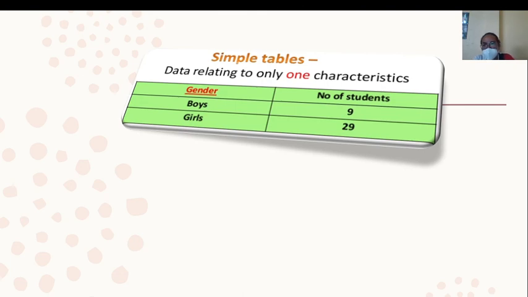Now, we now proceed to the basic of content. Pag sinabing simple tables, data relating to only one characteristic.